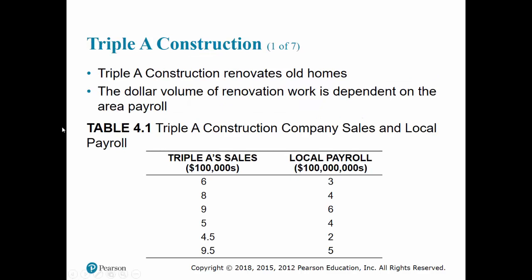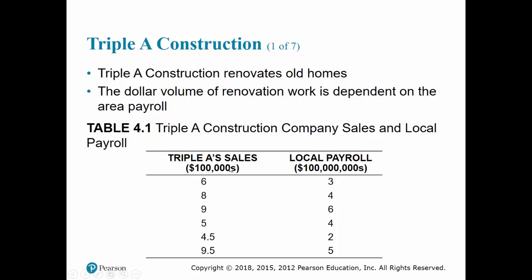Suppose we have AAA Construction, which renovates homes. We have the sales of AAA and the local payroll. Sales is in $100,000, and the local payroll is in $100 million.